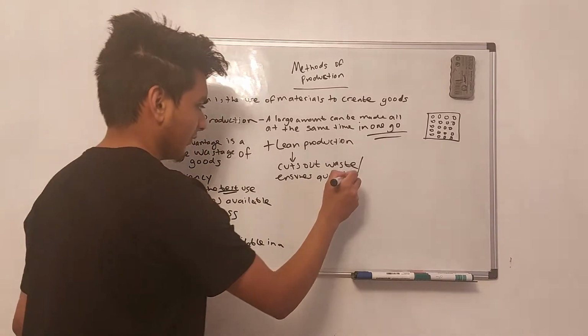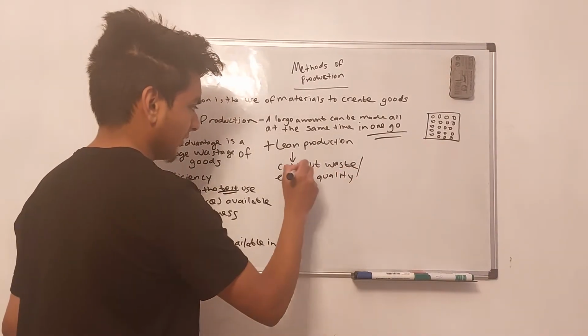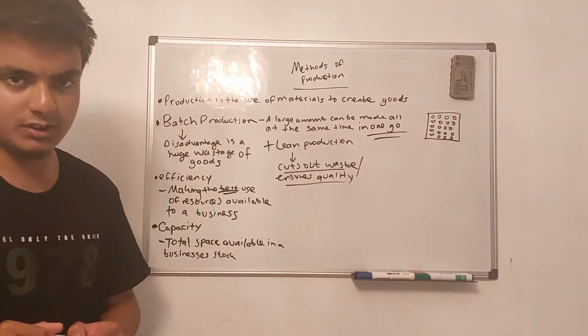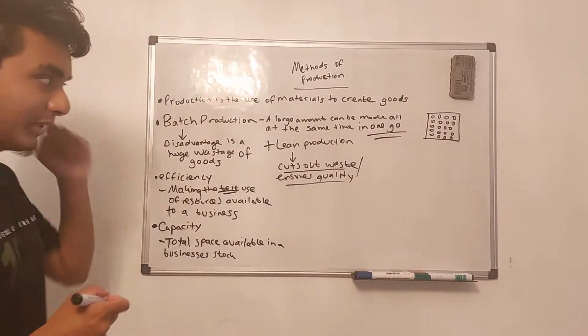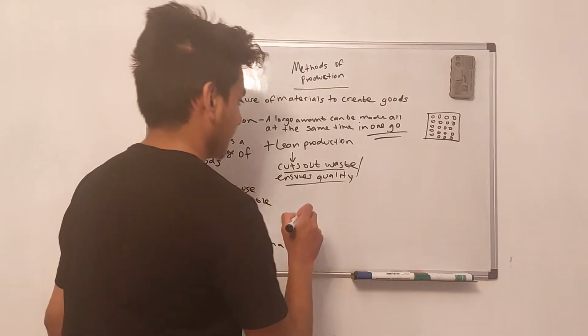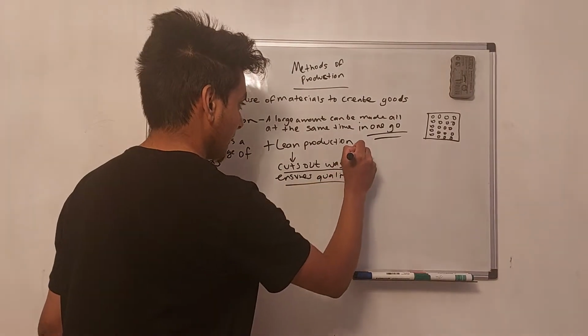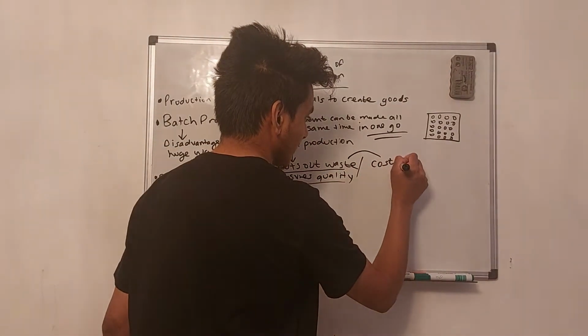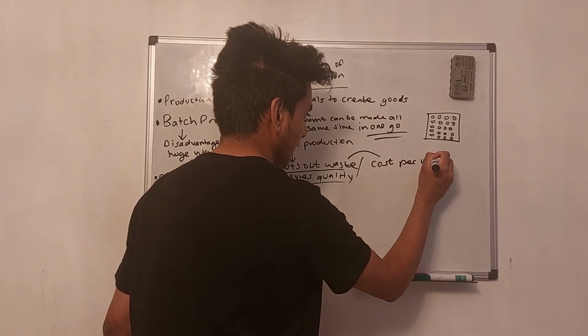The two advantages are written here: cuts out waste and ensures quality. The quality of the goods produced is really high, and there's less wastage involved in lean production. For this one, the cost per unit is quite low.